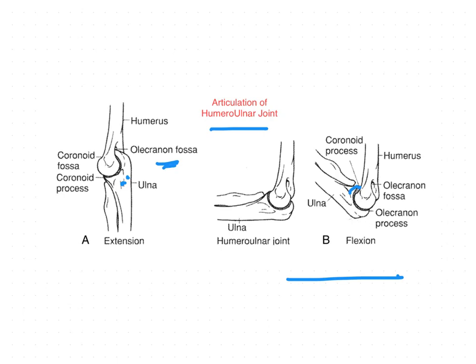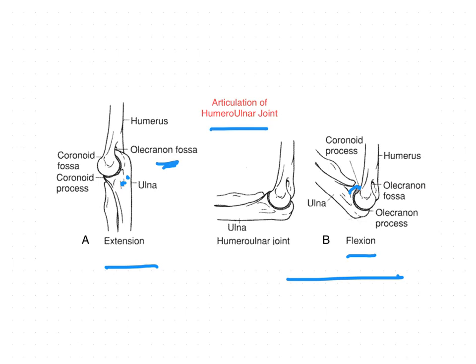Okay. So during flexion, what will happen? The coronoid process will fit into the coronoid fossa. During extension, the olecranon process will fit into the olecranon fossa. What is happening during extension and flexion? There is a sliding motion between the trochlear ridge of the ulna and the trochlear groove of the humerus, causing extension and flexion.